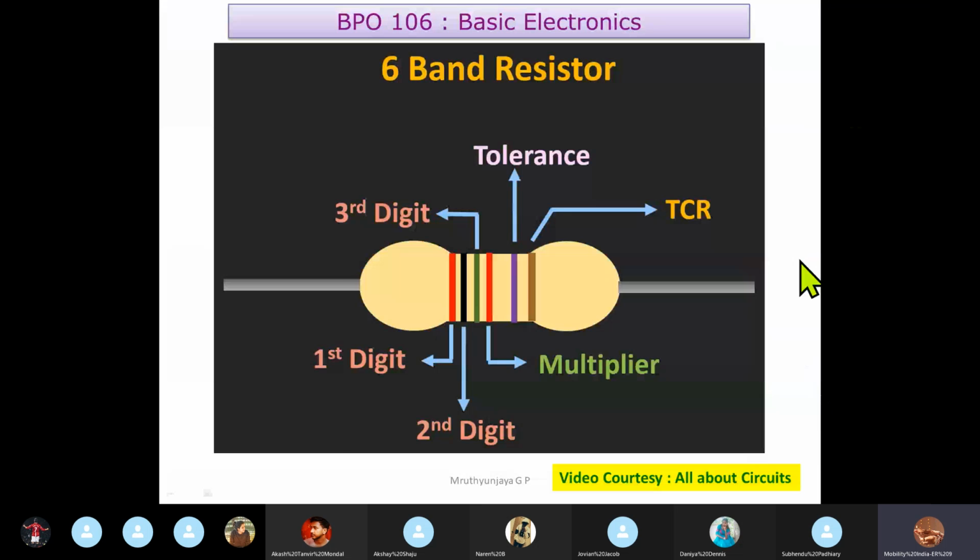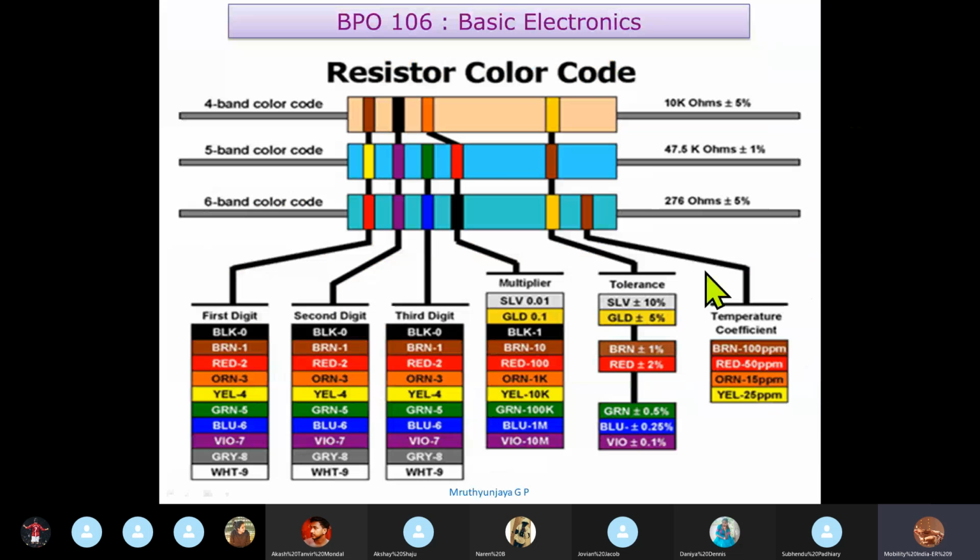Right? This is the standard in a single slide, the different color codes and the different bands that are applied. You can see the 4-band resistor, 5-band resistor, and 6-band resistor, and what they represent.